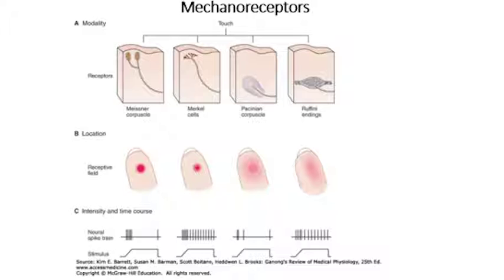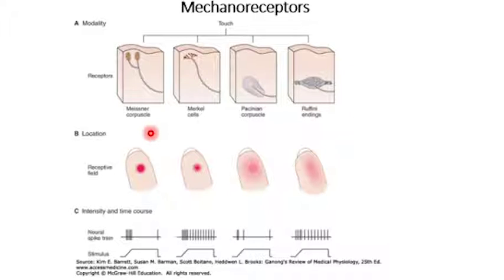Now, if you take an example of the human hand, we have 4 types of mechanoreceptors. You have the Meissner's corpuscles, the Merkel cells, Pacinian corpuscles, and the Ruffini endings. They do not act singly, but they act together to produce a general feel of sensation.